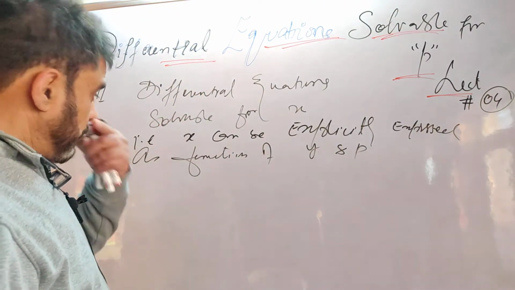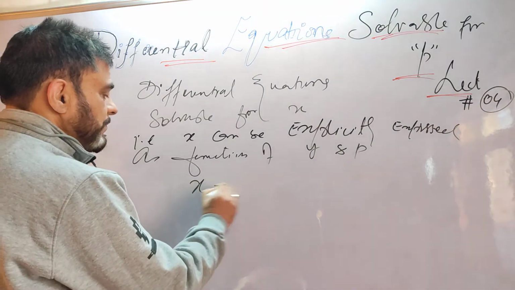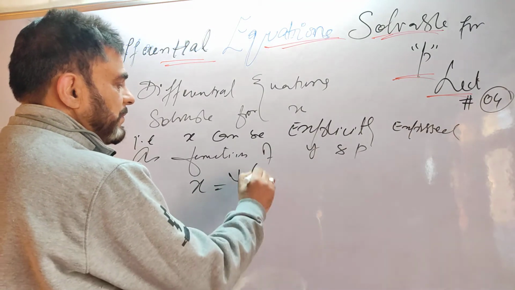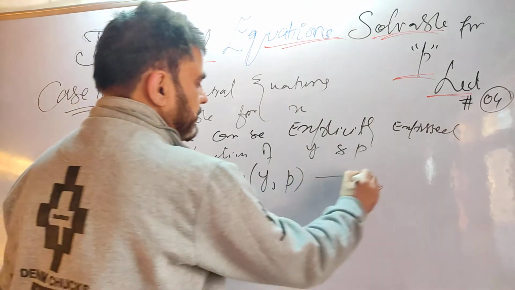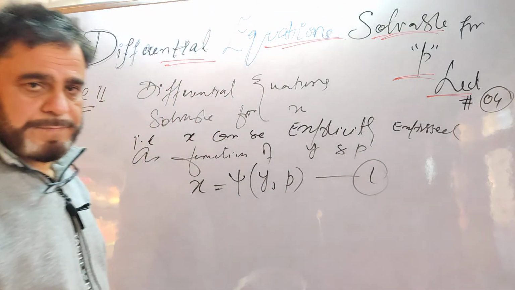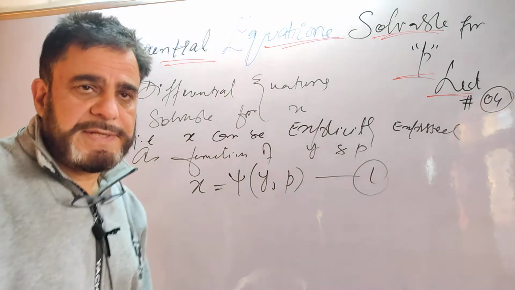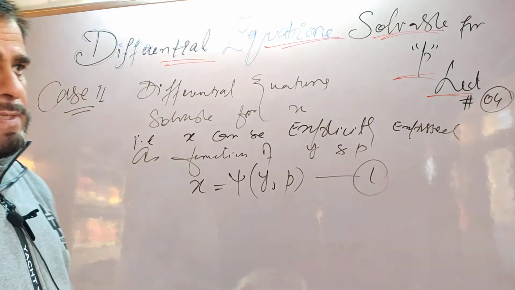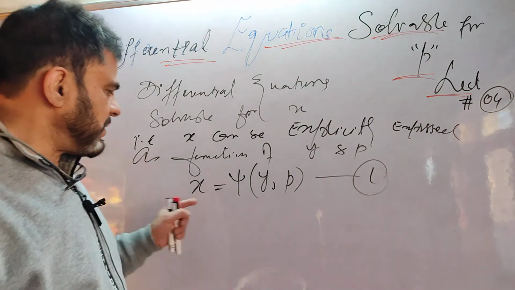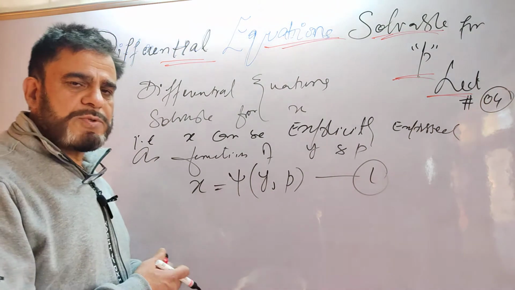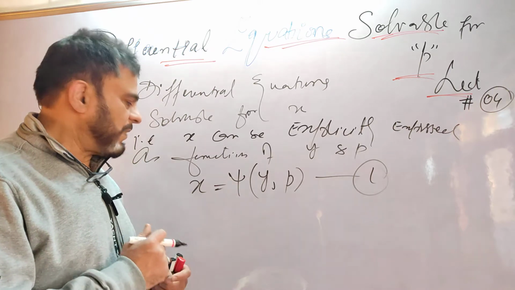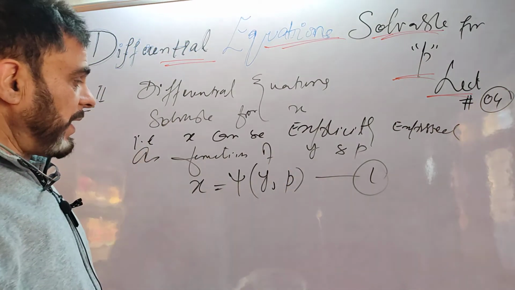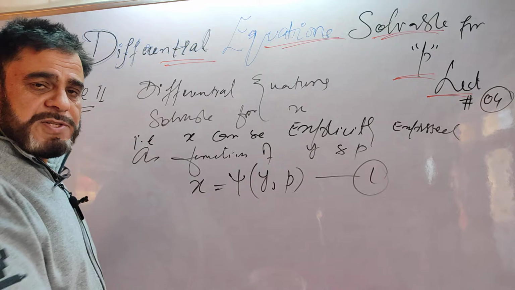Means when you are in a position to write x as some function of y and p, how do we proceed? Especially in this case, y occurs in the linear form, x occurs in the linear form, so we are in a position to write x explicitly on one side, and this x becomes a function of y and p.